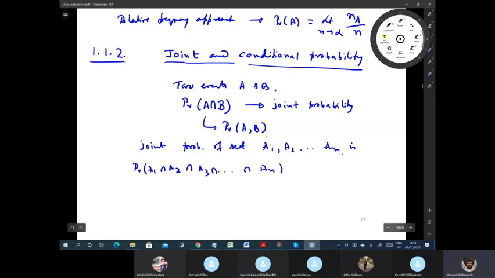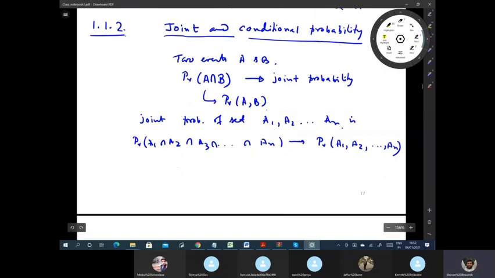Okay, and that we simply write as the probability of A1 comma A2 dot comma AN. Jafar, is that correct? Yes, sir. Yes, the calculation is different. What Asna is saying is the calculation that will come, but the definition is like that. Joint means both will happen together simultaneously, that means the intersection.